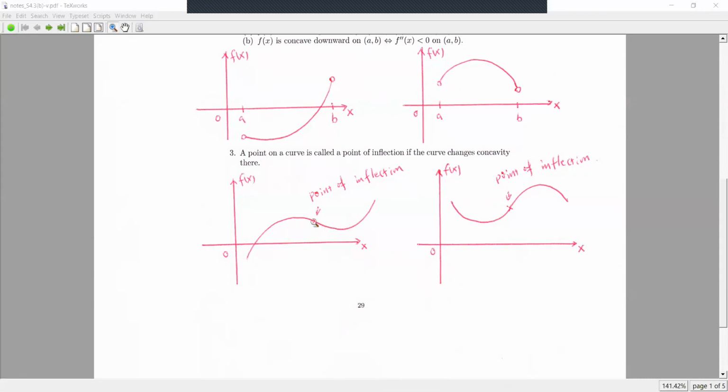So this point is a point of inflection. And this point is also a point of inflection because the curve changes from concave up to concave down. It changes concavity at this point. So this point is a point of inflection. Now, next, I present the topics today.